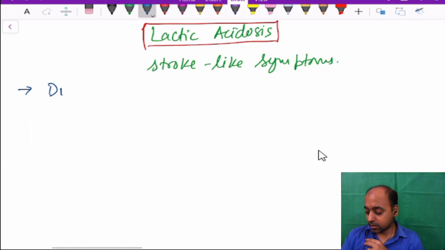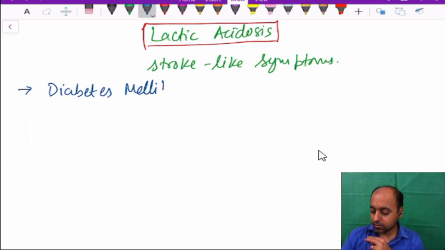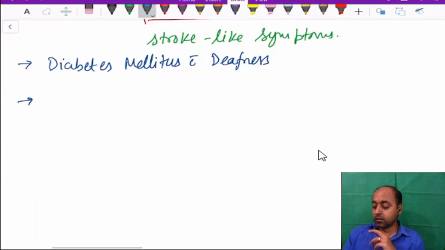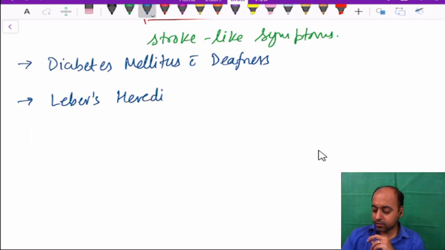Another example is diabetes mellitus with deafness. Then we have Leber's hereditary optic neuropathy.